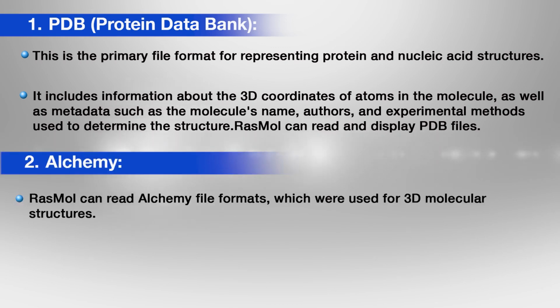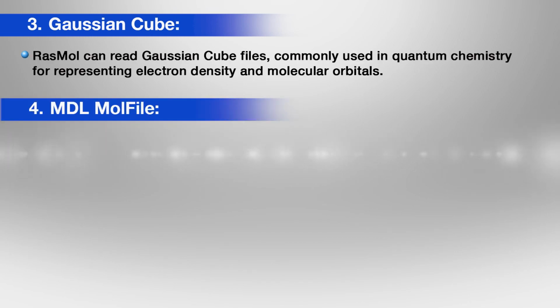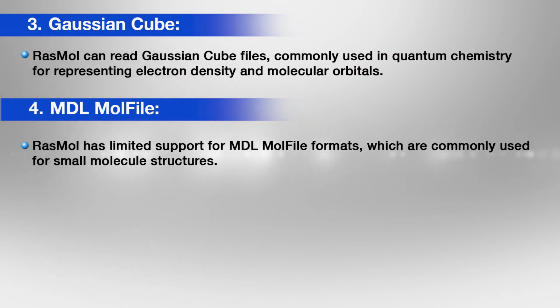Alchemy. RASMOL can read Alchemy file format which was used for 3D molecular structure. Gaussian cube. RASMOL can read Gaussian cube file format commonly used in quantum chemistry for representing electron density and molecular orbitals. MDL Mol file format. RASMOL has limited support for MDL Mol file format which is commonly used for small molecule structure.